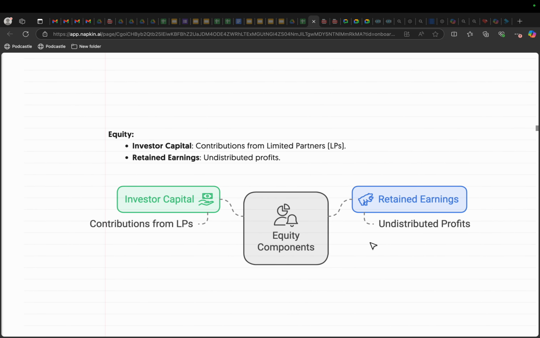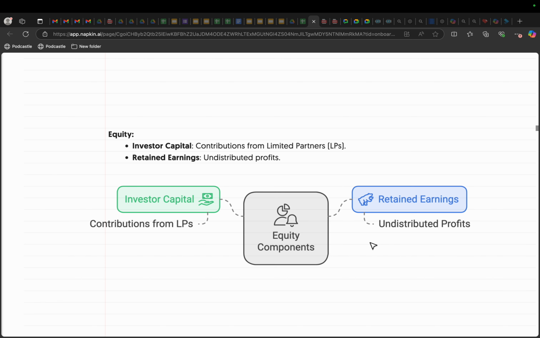Then the equity portion is one of the important segments of your balance sheet, which represents the contributions received from the limited partners and general partners of a fund. And apart from that, of course, retained earnings, which is earned profit that is not yet distributed to the investors.